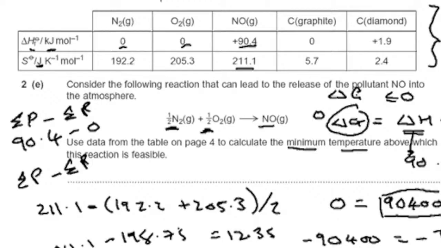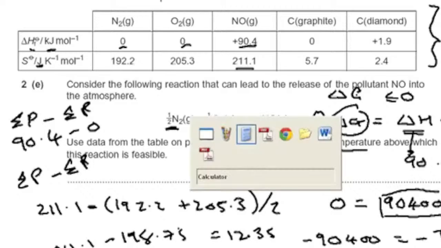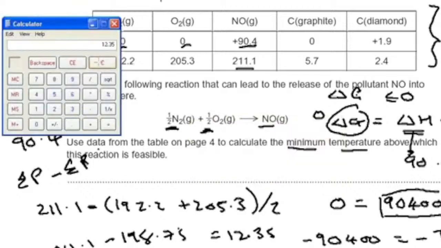And this should give me, let's get my fancy calculator up. Let's clear that. 90,400 divided by 12.35 equals. There we go.